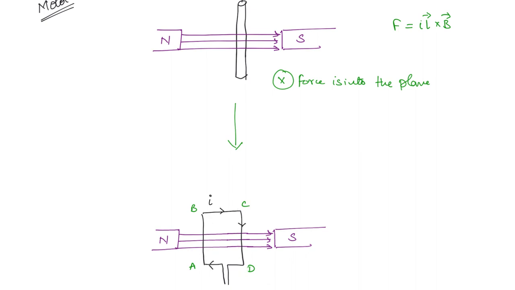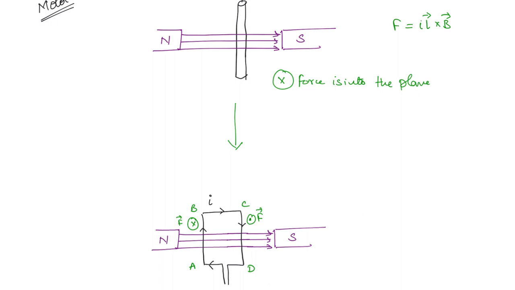Now what is the direction of this force? We have found out in the previous case, when the current is going in the upward direction, the force is going to be into the plane. So for the AB conductor, force will be experienced into the plane, but for the CD conductor, the current is in the reverse direction, so the force will be out of the plane.